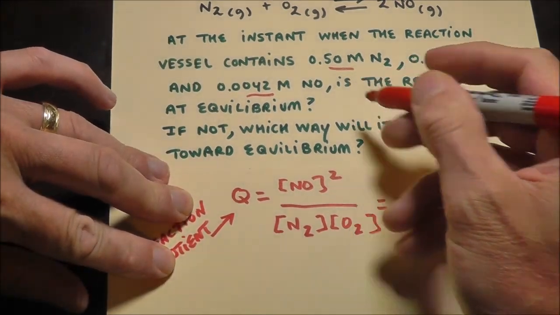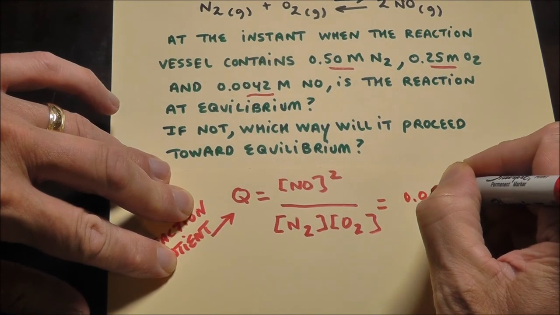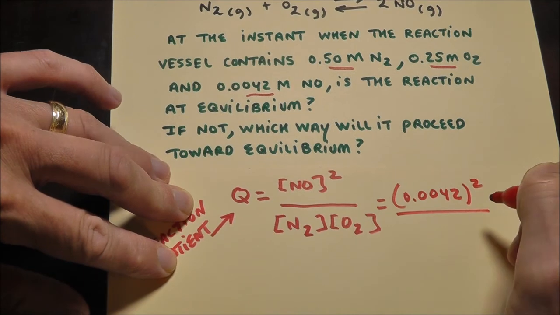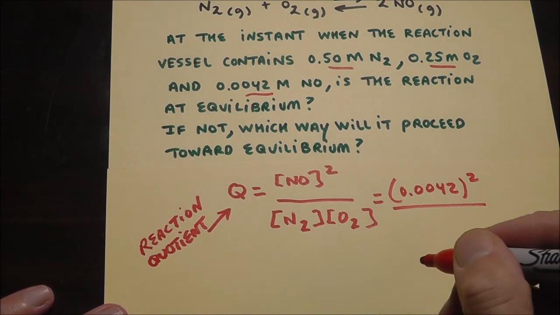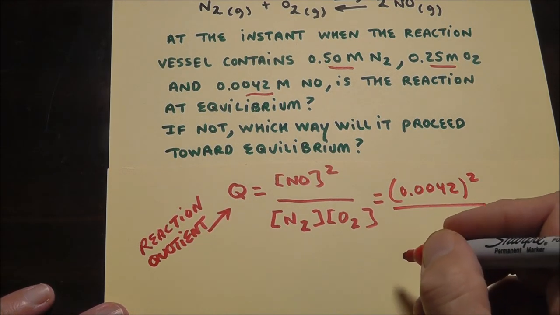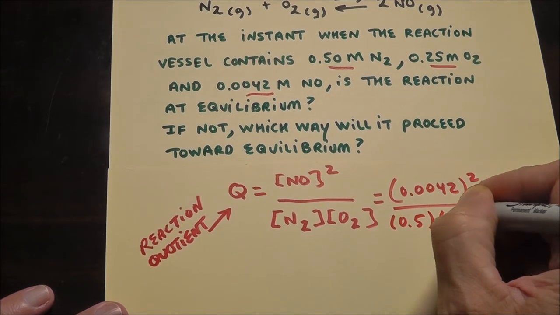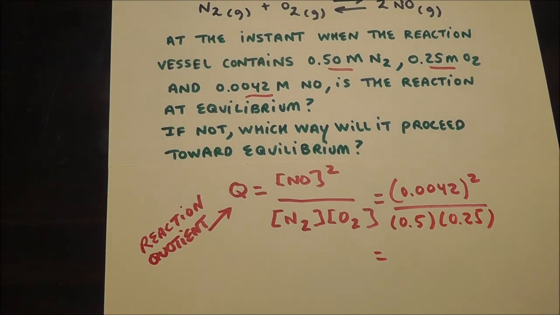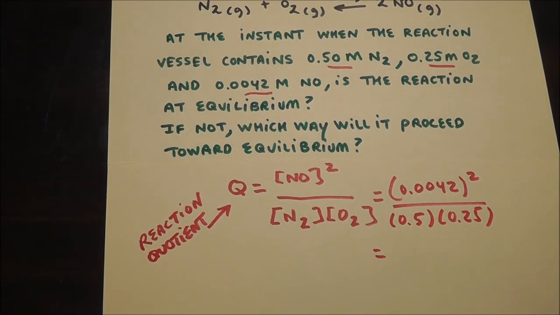Okay, so I'm going to copy these numbers down. NO is 0.0042, squared. Remember, we give the units a pass and don't really list them off because it just makes things a little bit more complicated. Divided by 0.5, divided by 0.25. So let's go get my calculator and find out what that is. 0.0042, and I'm going to square it.